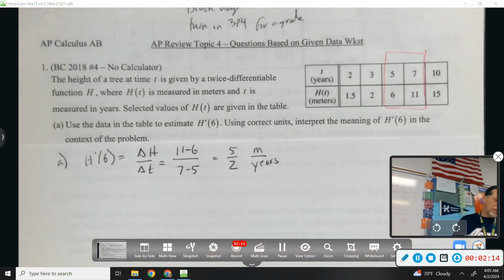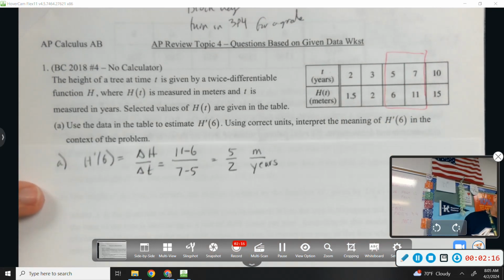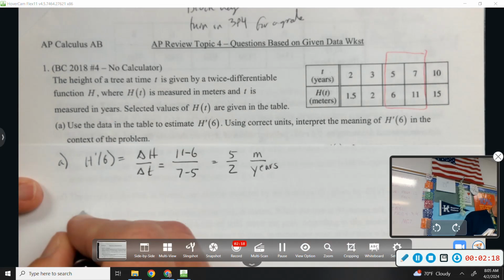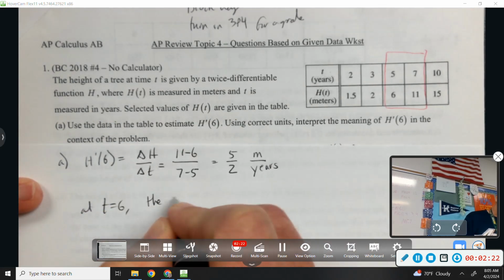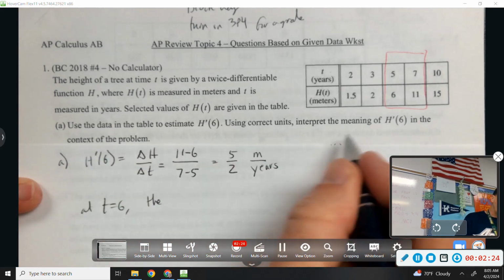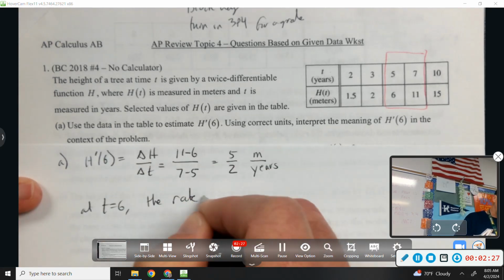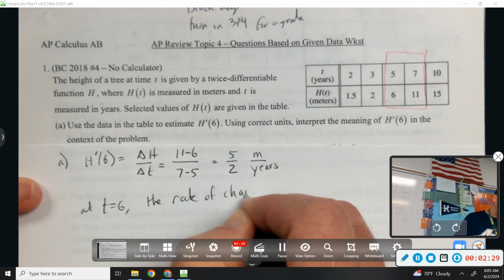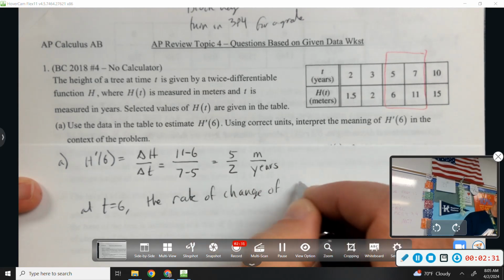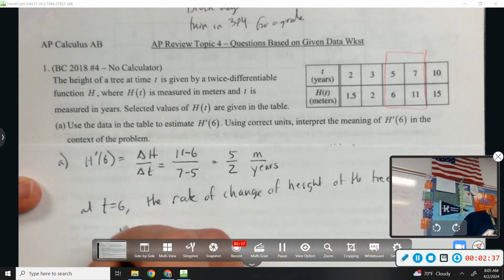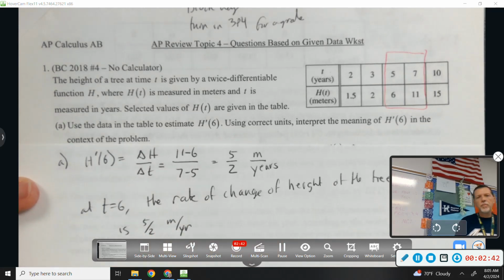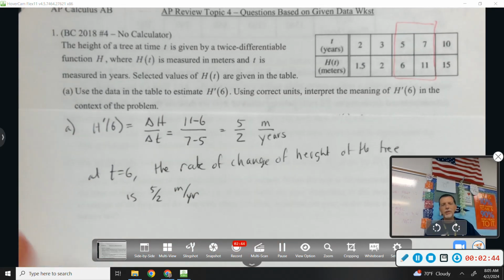So we want to say something about at time equals 6. Anytime it asks you to interpret, you should probably use the words rate of change, because that's what a derivative is. The rate of change of height of the tree is 5 halves meters per year. So you're just kind of putting in words what you already did.